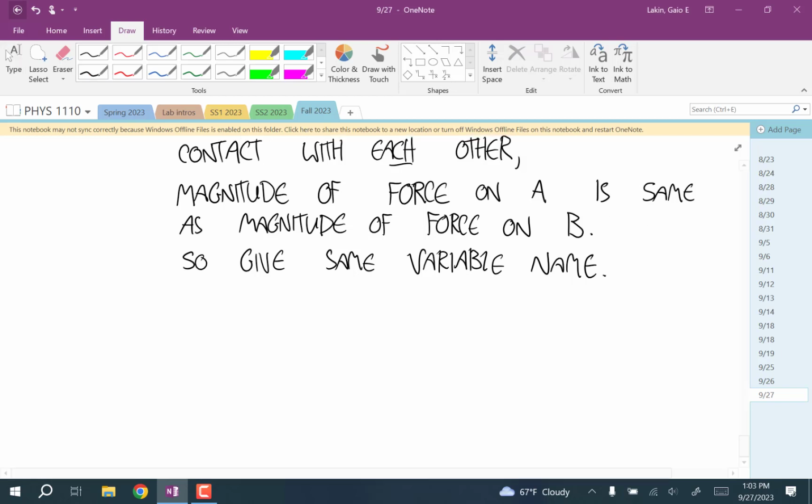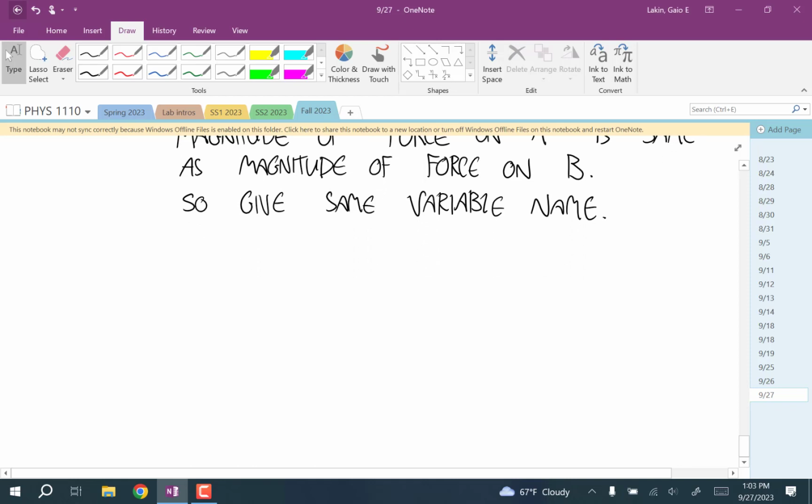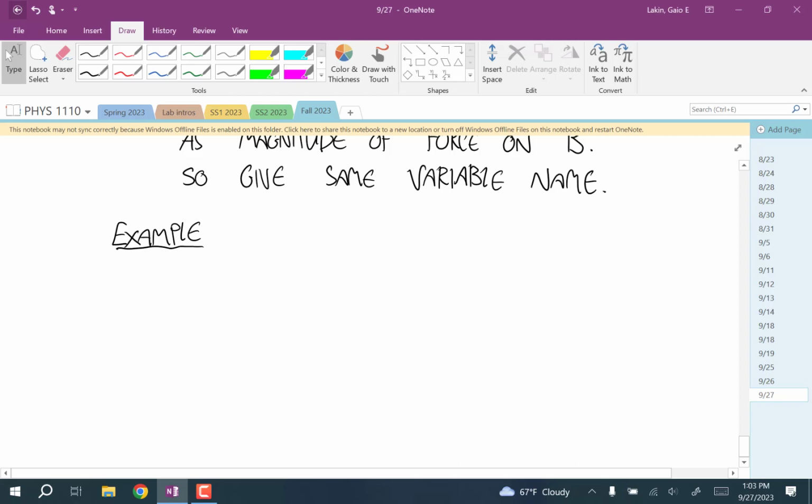Okay, well, let's do a calculation. So let's say that we have a cart rolling along a horizontal surface, and it has a mass of 5 kilograms, and we apply a 30 Newton force to it like that.